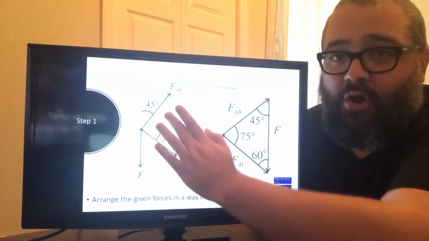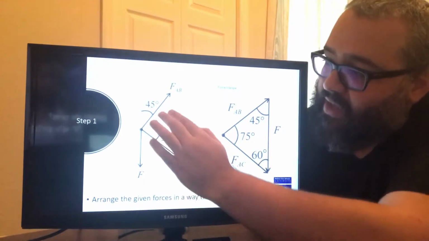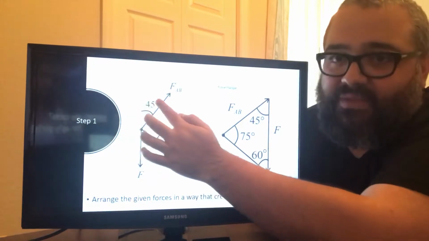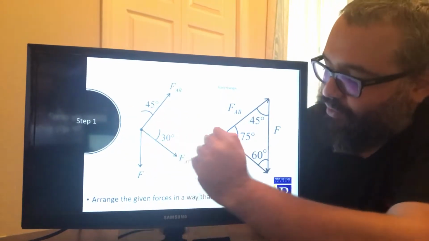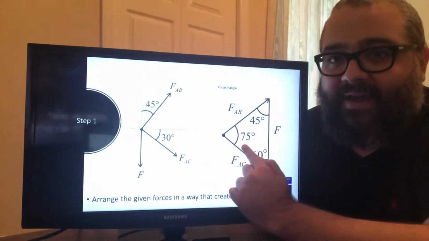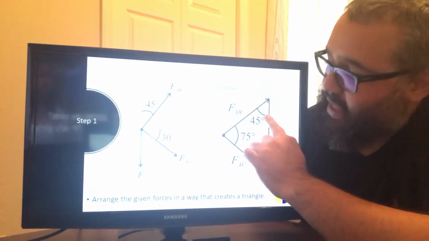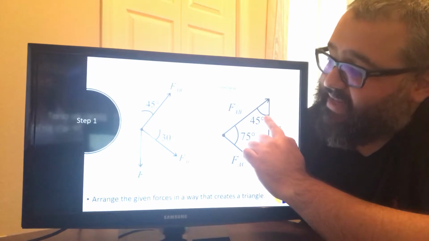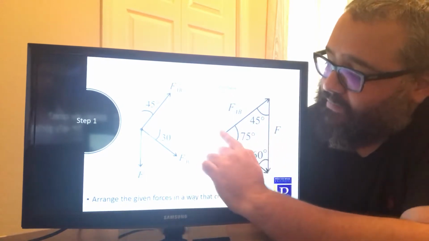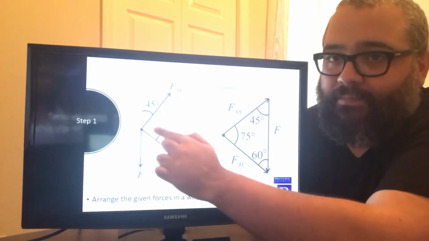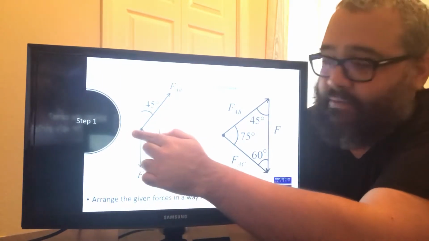Now, we already know 2 of the angles. If we sum the remaining 45 degrees from this quadrant right here to the 30, we will get the 75 degrees. This 45 degrees is exactly the one from this side over here in the main free body diagram.